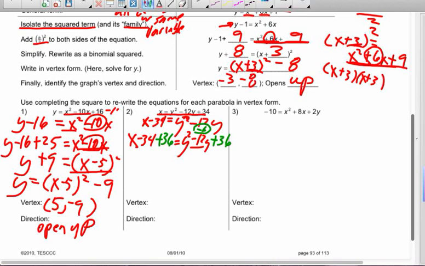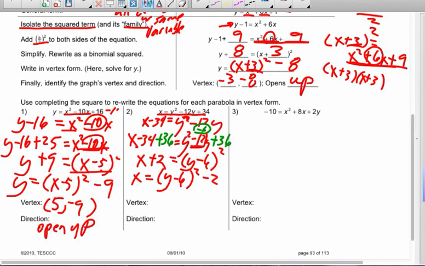So I'm going to end up with negative 34 plus 36, which gives me x plus 2 will equal 2, and then we factor this guy. So it's going to be y, and half of that one, minus 6 squared. And then I subtract my 2 over, so x is going to equal y minus 6 squared minus 2.